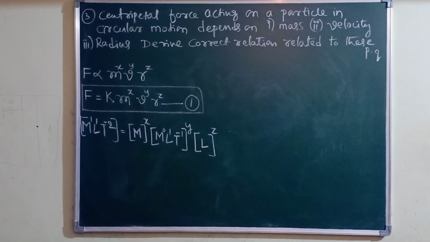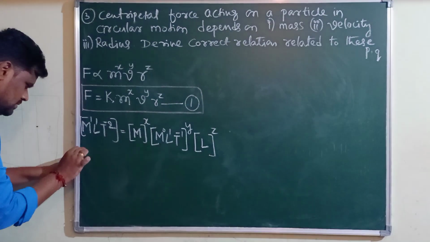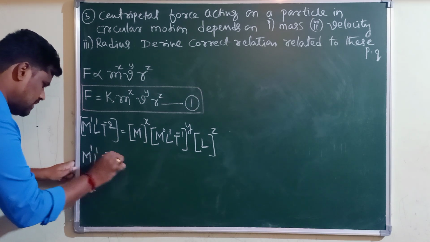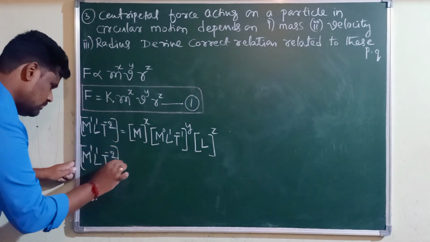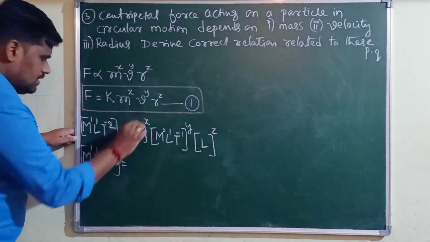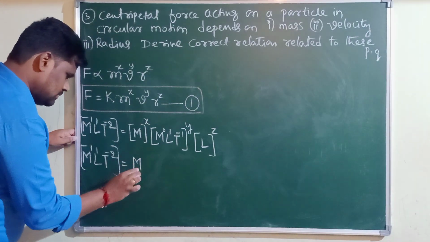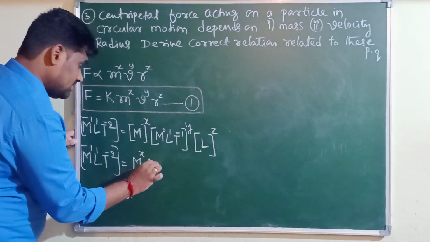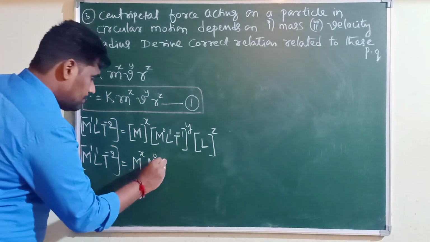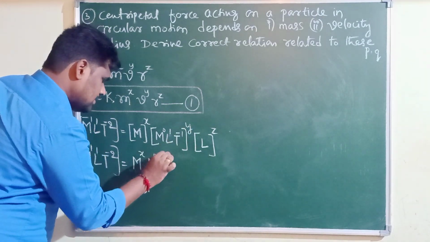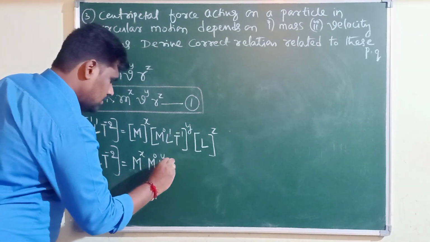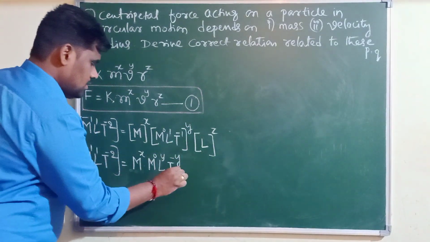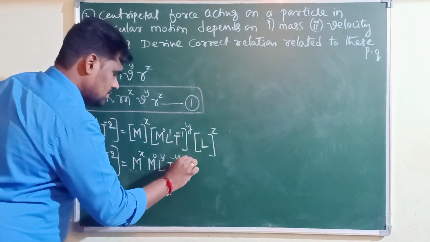Okay. Next is M power 1, L power 1, T power minus 2, which is equal to here M power x. Here it is M power 0, L power 1 into y, that is y, T power minus 1 into y, minus y, into L power z here.